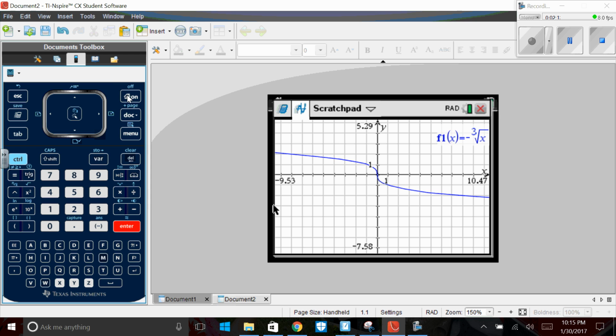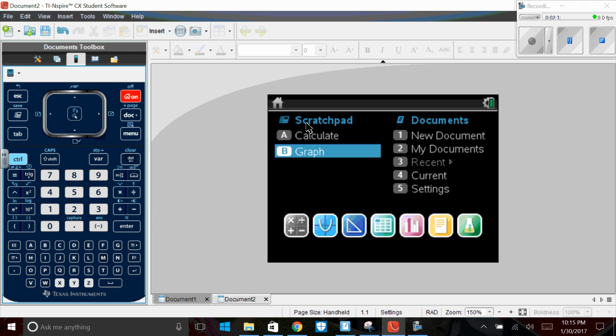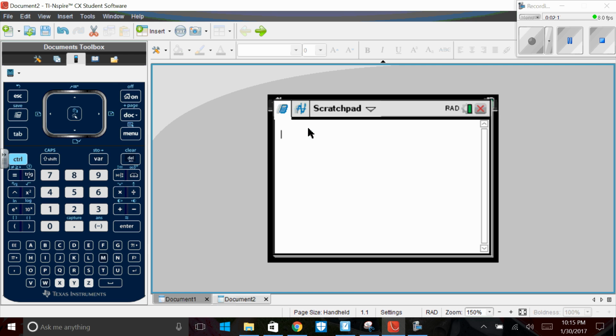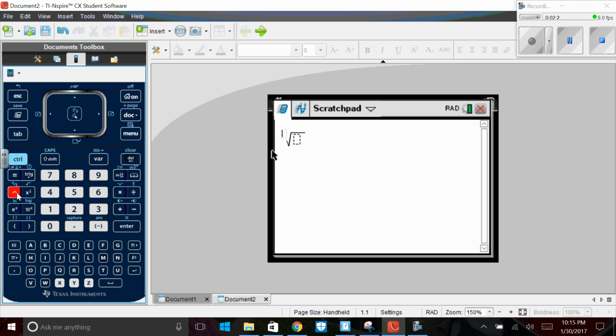So let's go to calculate over here, and control caret sign. You can put a little 3 there for the cube root. And let's say you're thinking of maybe 64. Cube root of 64 equals 4, because 4 times 4 times 4 should give us 64.